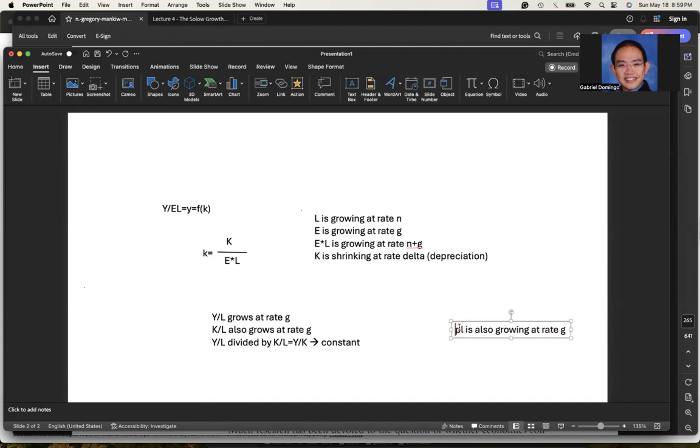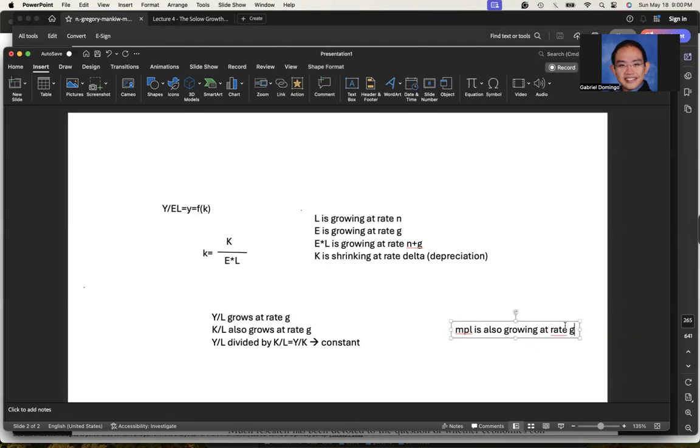The reason is that MPL is a function of K over L. Okay. So you can calculate that. MPL is going to be a function of K over L. And in this case, since it's growing at rate g, MPL is growing at rate g. You can solve for that.